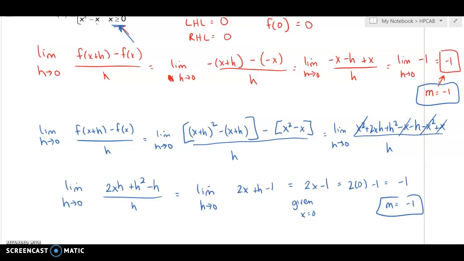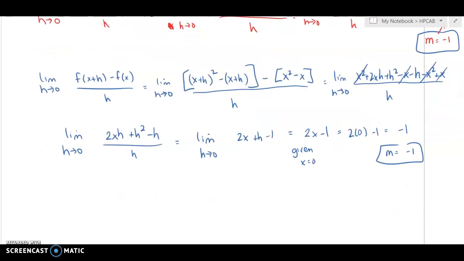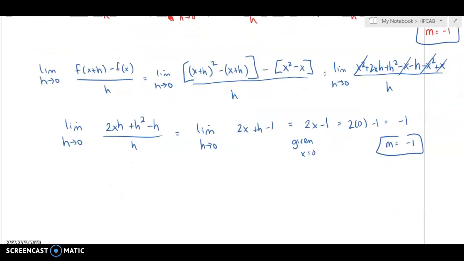The slope for the other branch is also negative 1. So the question is, does the curve have a tangent at the given point? The answer is yes. The slope is equal to negative 1 from both sides of 0, 0. And since we do have one, we could write the equation if we wanted to.